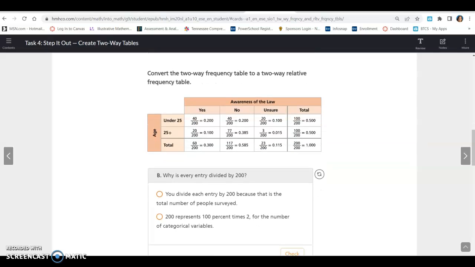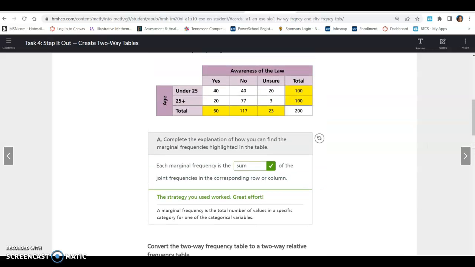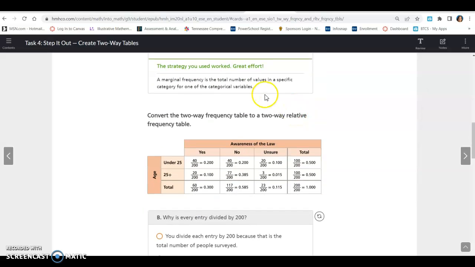All right, so convert the two-way frequency table to a two-way relative frequency table. What they're going to do is just take the numbers above. So we're going to do 40 divided by 200, 40 divided by 200, 20 divided by 200, etc. You can see here that they have just divided each number by the total, which is 200.